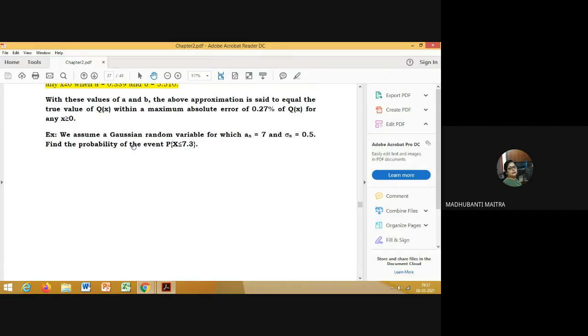We have been asked to find out the probability of the event X less than or equal to 7.3. This is basically the value of the distribution function, so this is actually Fx. What is going to be the capital Fx? Fx is equal to the probability X less than or equal to 7.3.